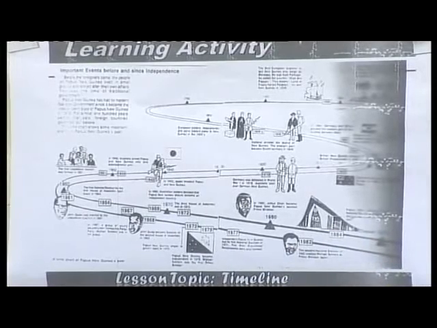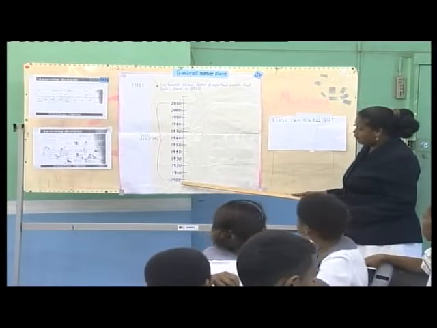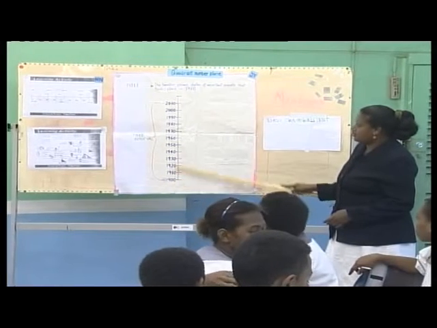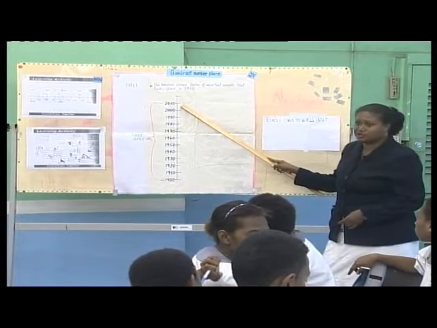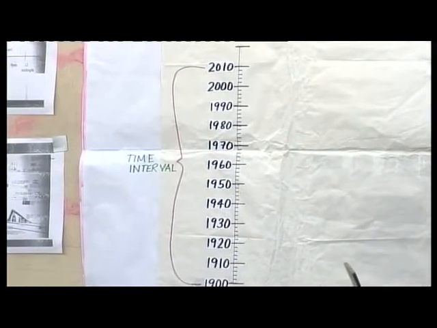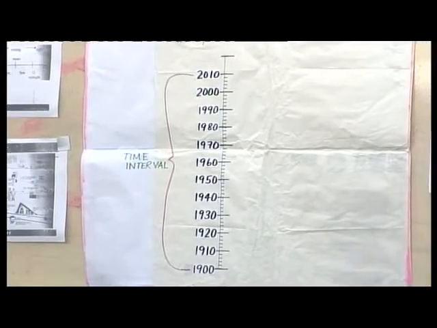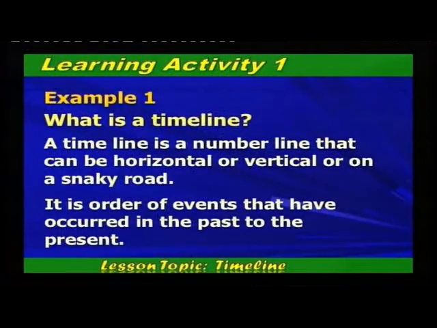So a timeline, and here we have from 1900 to 2010, which is the present. On a timeline, you can also record important events in the future as well. People use timelines for that.